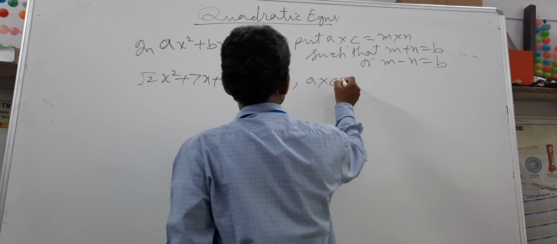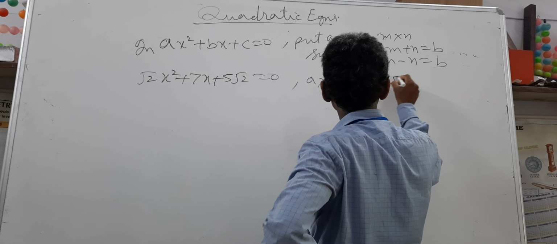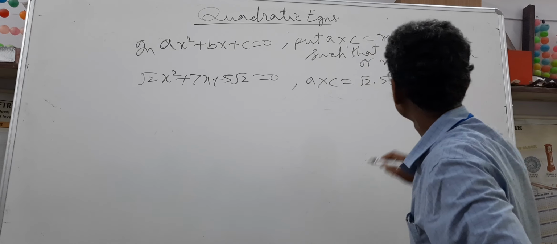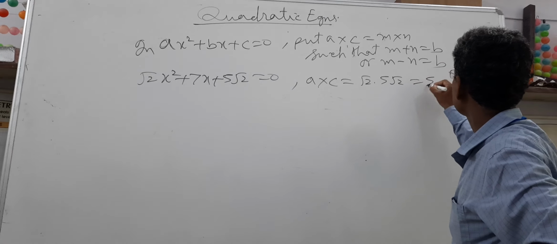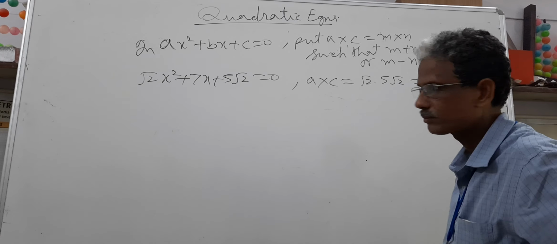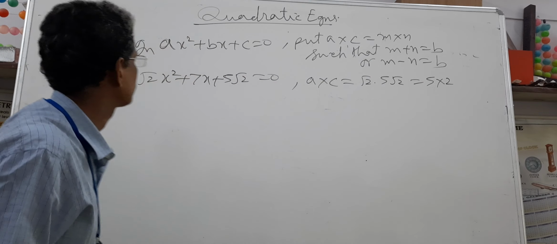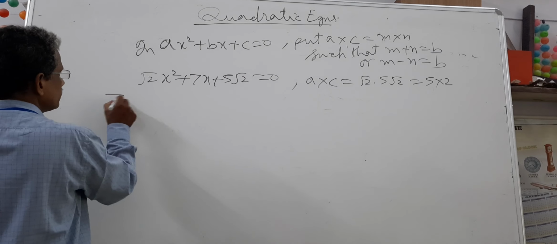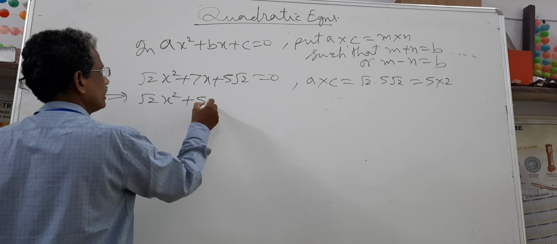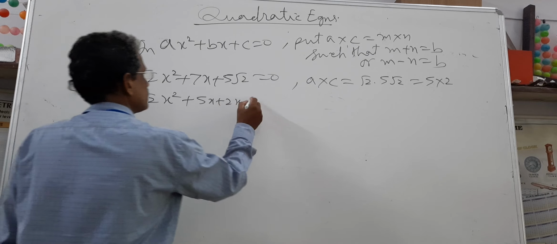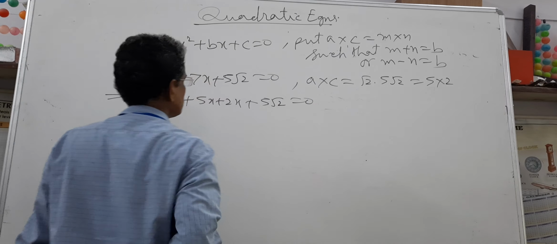Here a into c is root 2 into 5 root 2. Root 2 into root 2 becomes 2, so it is 5 into 2. And 5 plus 2 is 7, which is given. So this implies root 2 x square plus 5x plus 2x plus 5 root 2 is equal to 0.